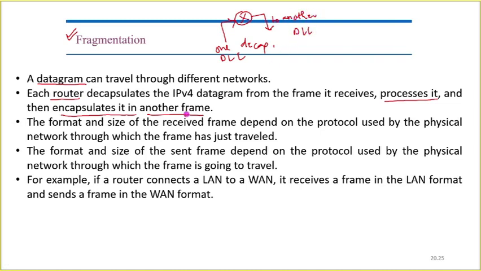This is basically what the router does. The format and size of the received frame depend on the protocol used by the physical network through which the frame just arrived or traveled.